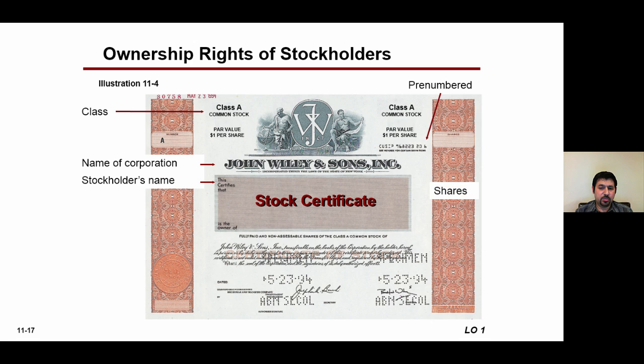This also includes the number of shares that the shareholder has purchased, the par value, the signature of the company, etc. So we have also here the par value that is included, the date, etc. Of course, the signature of the corporate officials.